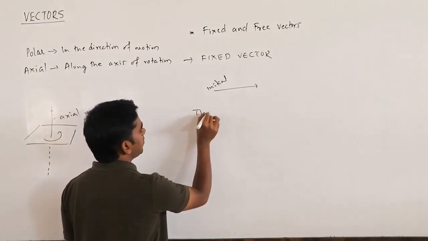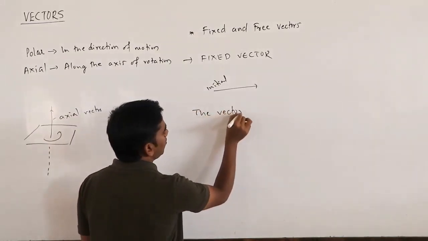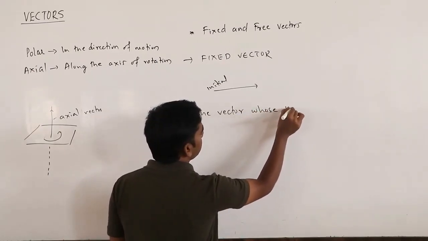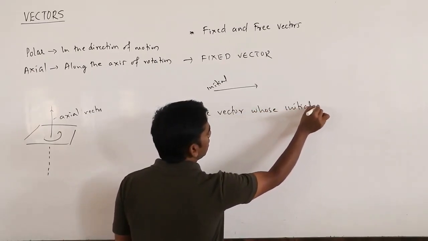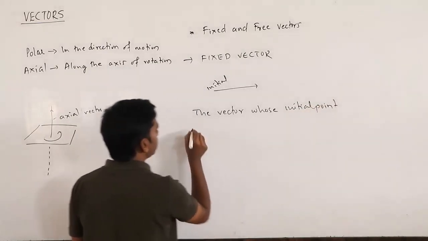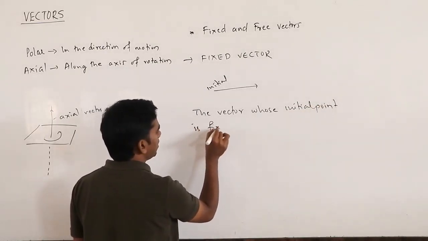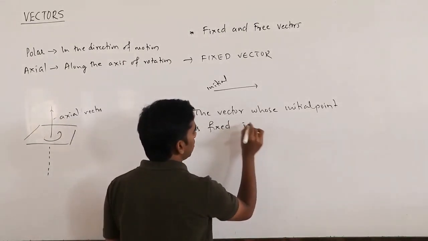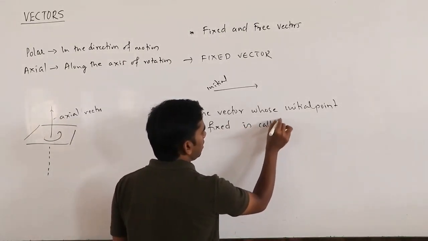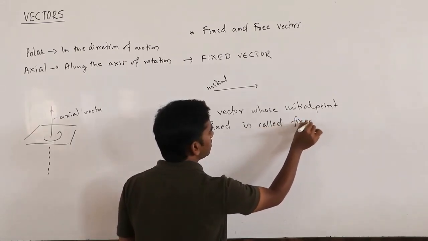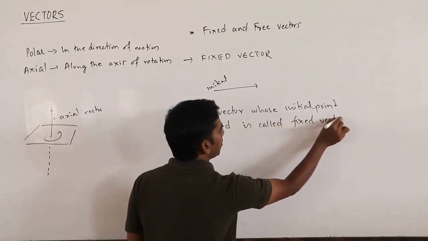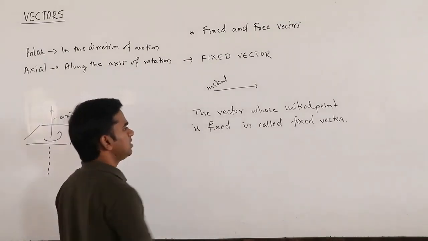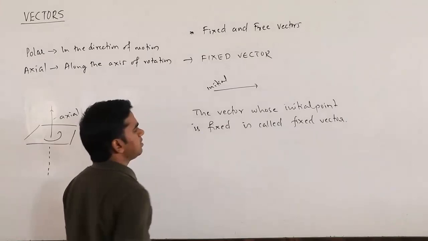The vector whose initial point is fixed is called a fixed vector. Okay, the vector whose initial point is fixed is called a fixed vector.